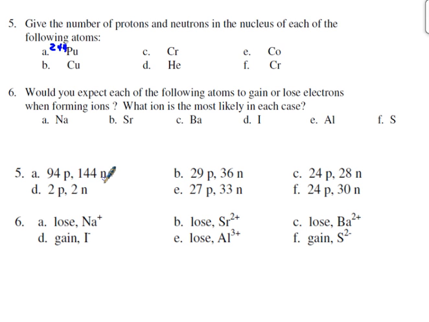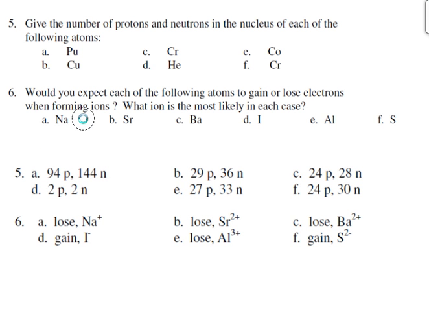But the math, the summation of the protons and neutrons should be equal to the mass number. It doesn't work out for that one. Yeah, so these should have had mass numbers. So let's actually try this again.